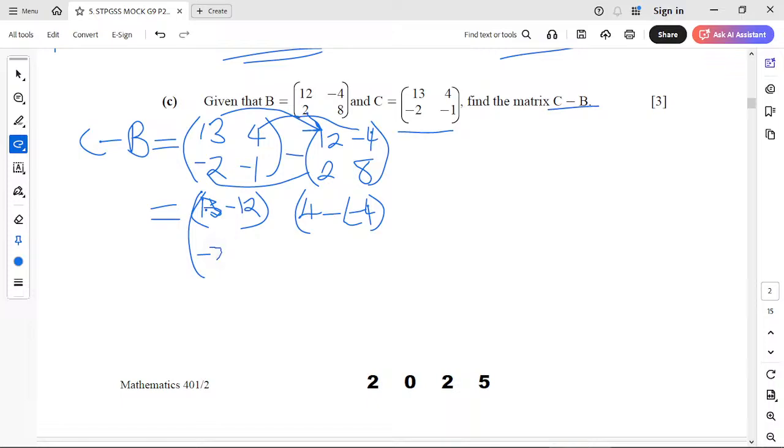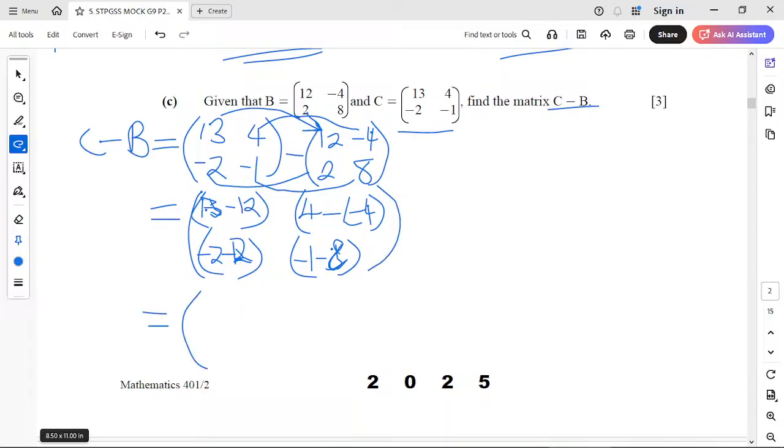So we're going to have negative 2 minus 2 in brackets. Then the corresponding element of negative 1 is 8. So we have negative 1 minus 8, not minus negative 8, but minus 8. Then again in brackets, and all of that in the brackets of that. Then we say equal to.